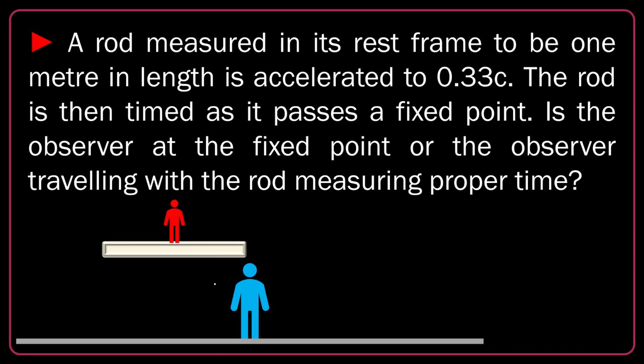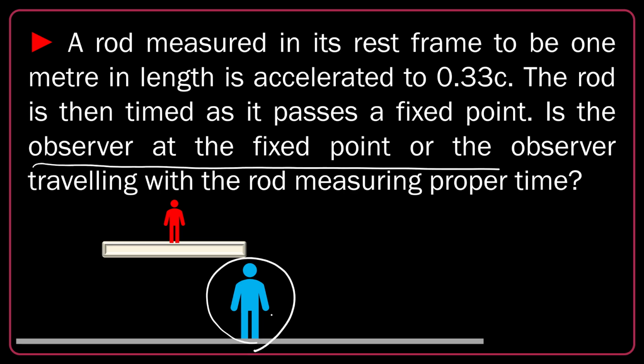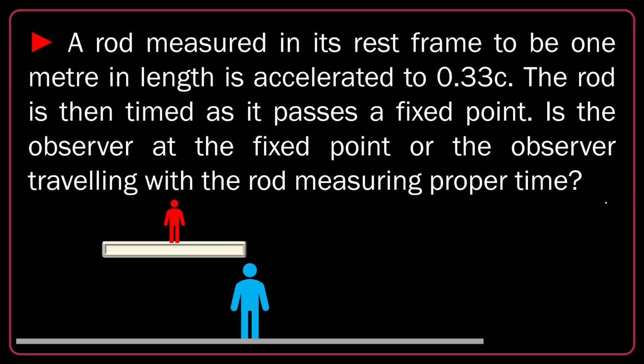Is the observer at the fixed point, the person on the ground, or the observer traveling with the rod, measuring the proper time? It's clear: the proper time is measured by the person on the ground. Why?